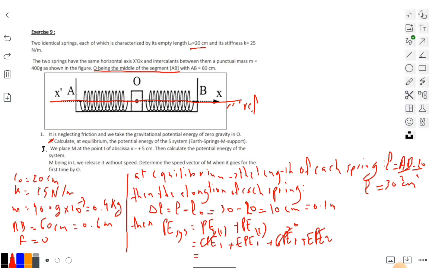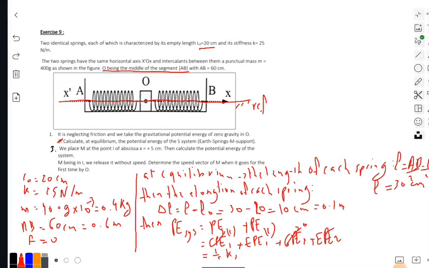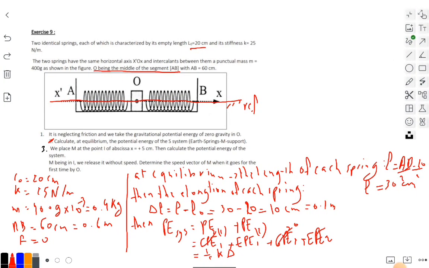Therefore, we obtain half K delta L1 squared plus half K delta L2 squared. It's equal to K delta L squared, since delta L1 and delta L2 are equal, which is 25 times 0.1 squared, equal to 0.25 joules.